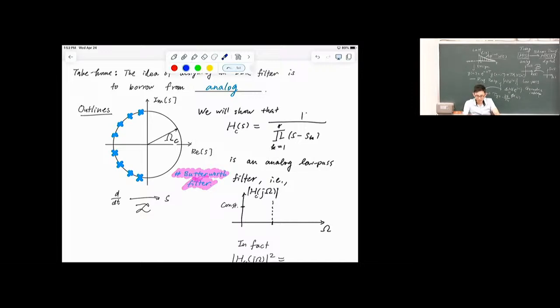So the surprising thing is that we have a monotonic decreasing low-pass response.